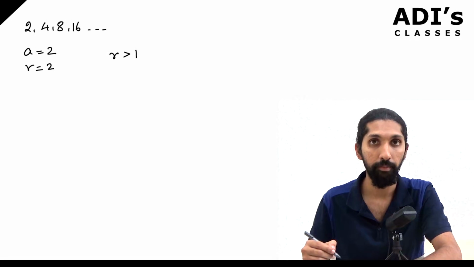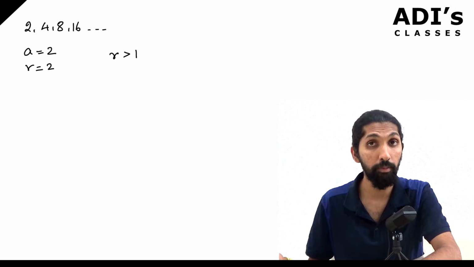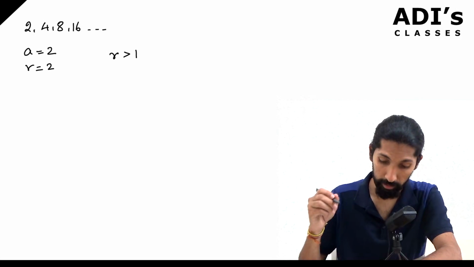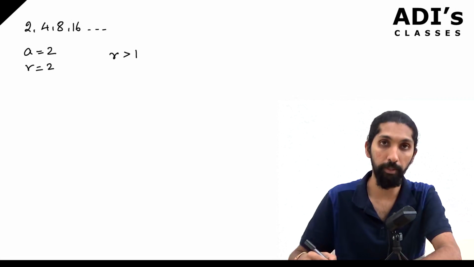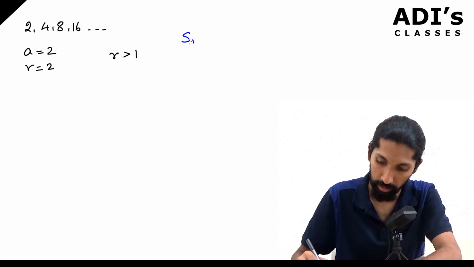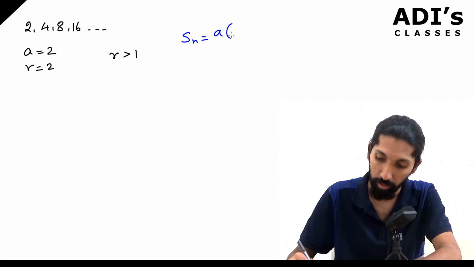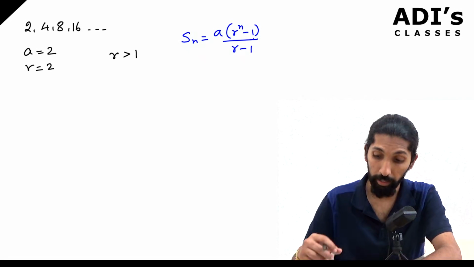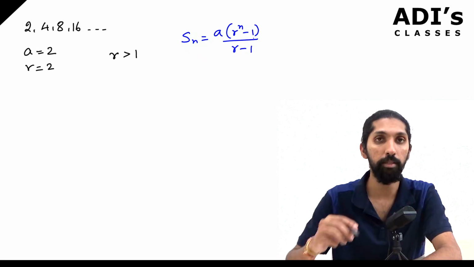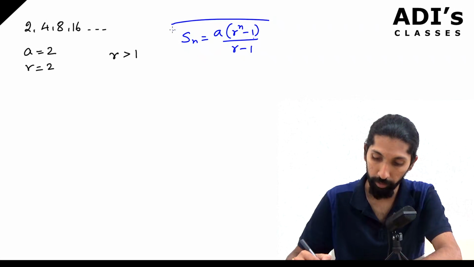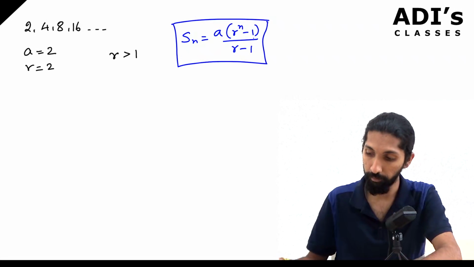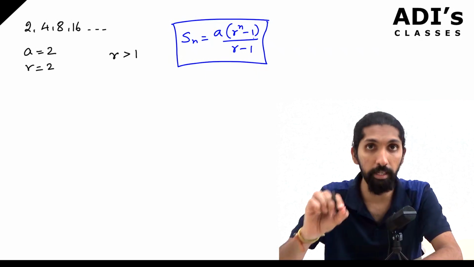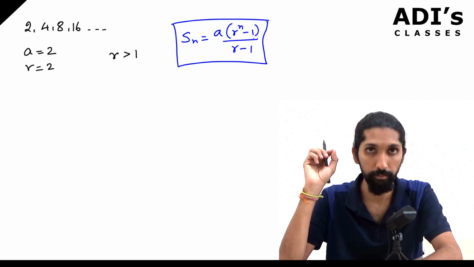When r is greater than 1, the sum to n terms of a GP is Sn equals a into r power n minus 1 divided by r minus 1. Understood? This is the formula we use if and only if r is greater than 1.